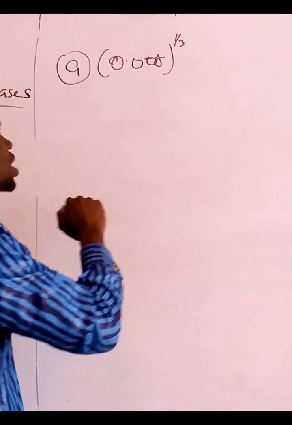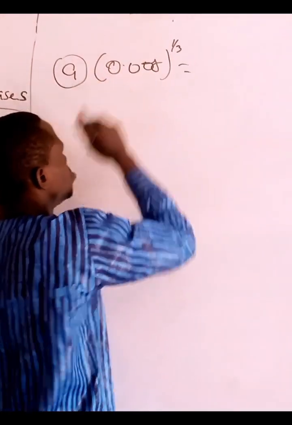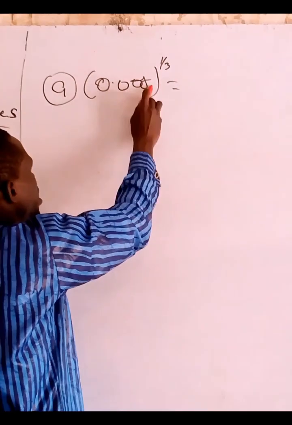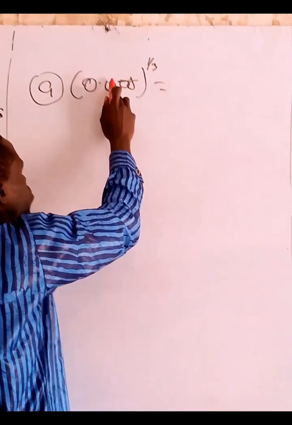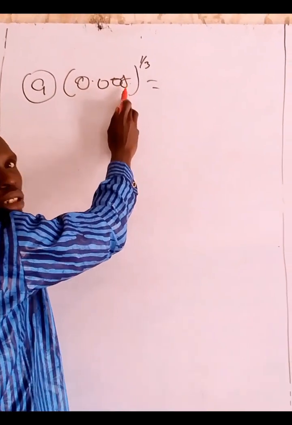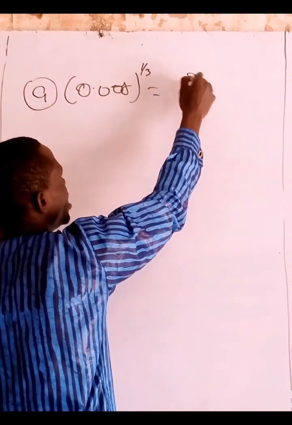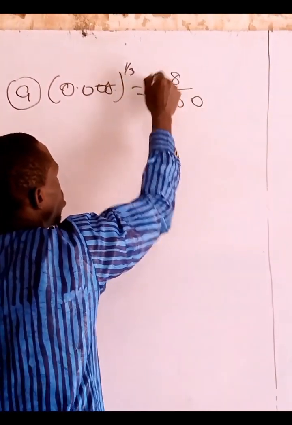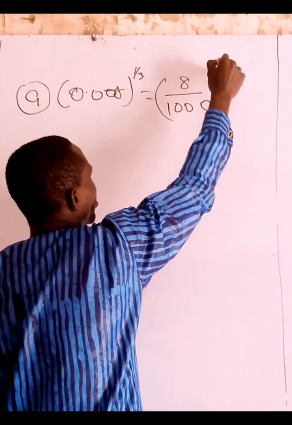Converting this decimal to fraction, you have 3 zeros before the number, which is 8. So we are moving this decimal from here to here. We move how many times? 1, 2, 3. So we are going to have 8 divided by 1, 2, 3 zeros, all raised to the power of 1/3.